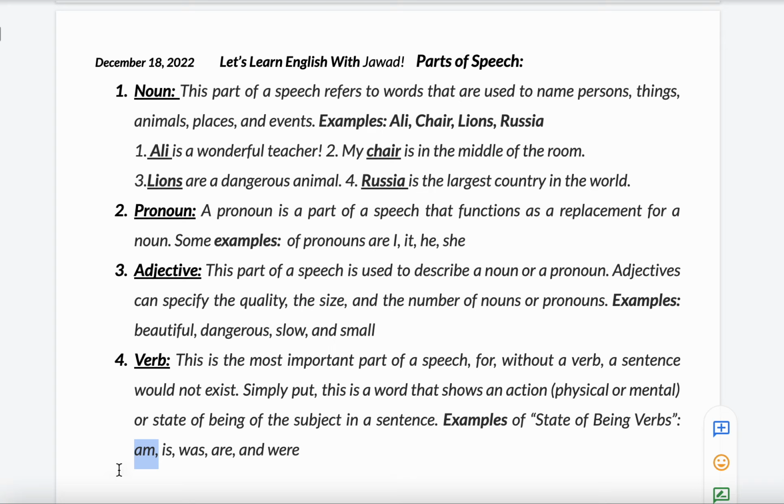So for now, I would say I am sitting in my office. The second one, is, is used for single persons or singular subjects. For example, Ali is teaching English to his brother, or Ali and Christine are attending a seminar, or were. This is a past form of are. I would just say we were happy to see Ali get the title.